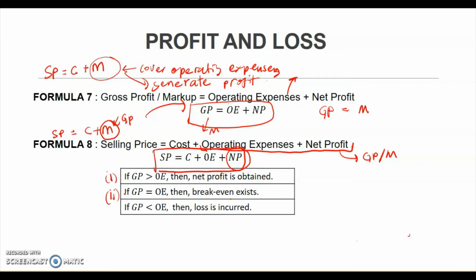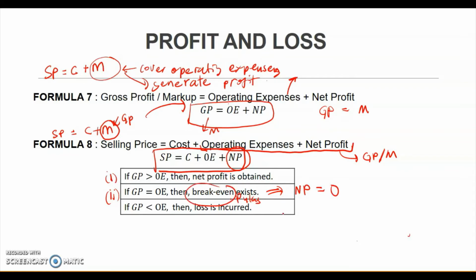But what happens if your gross profit is equal to operating expenses? So if your gross profit equals operating expenses, this is known as break-even, pulang modal. So for break-even, your net profit value equals 0.